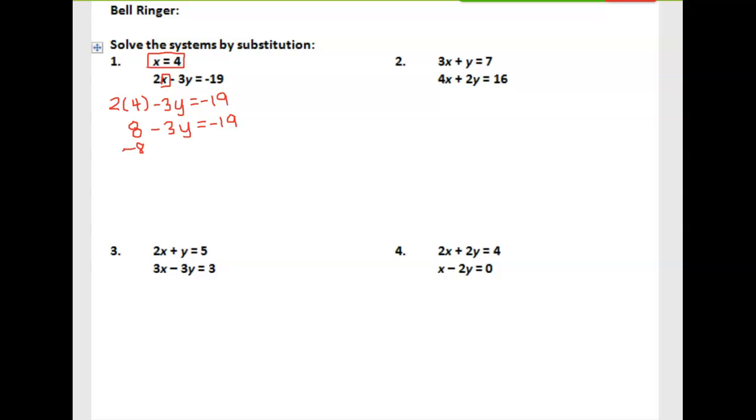Subtract 8 from both sides. And you get negative 27, divide by negative 3, and we get y equals 9.